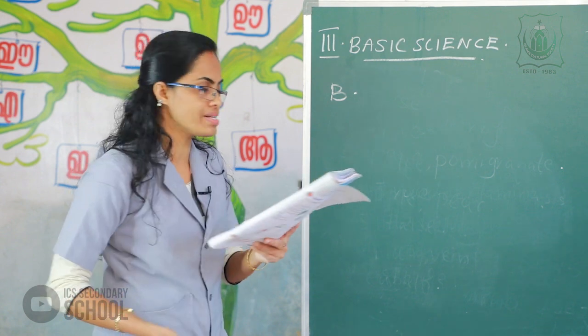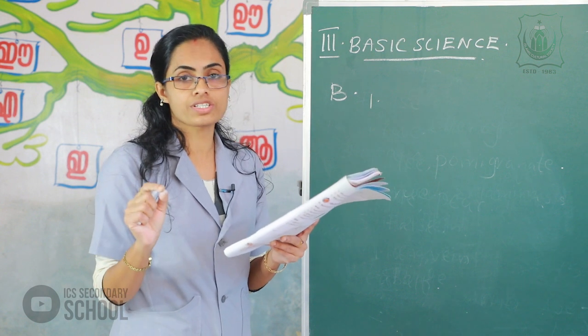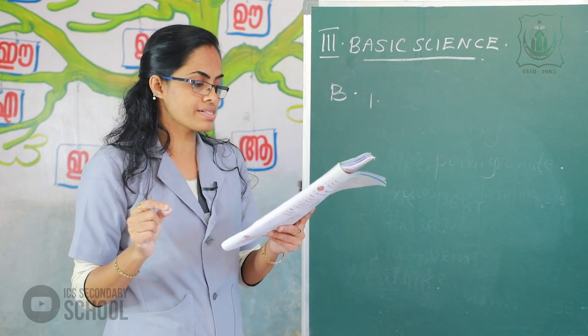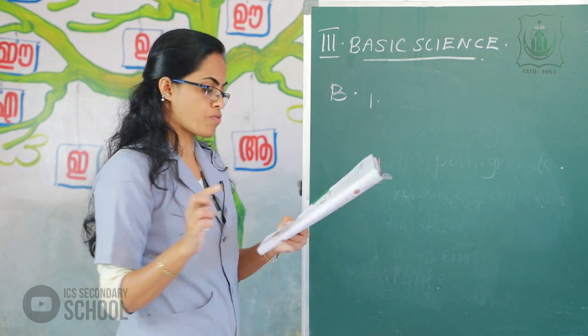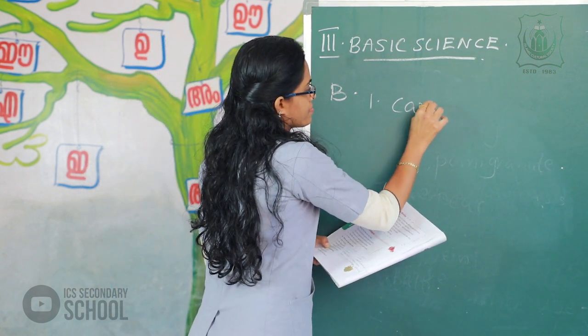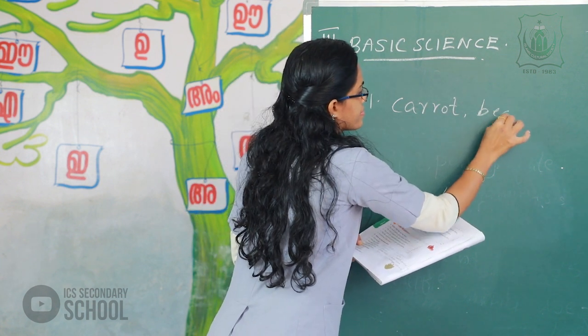The answer is examples. All of you study the different examples. Name any two plants which have taproot: carrot, beans.